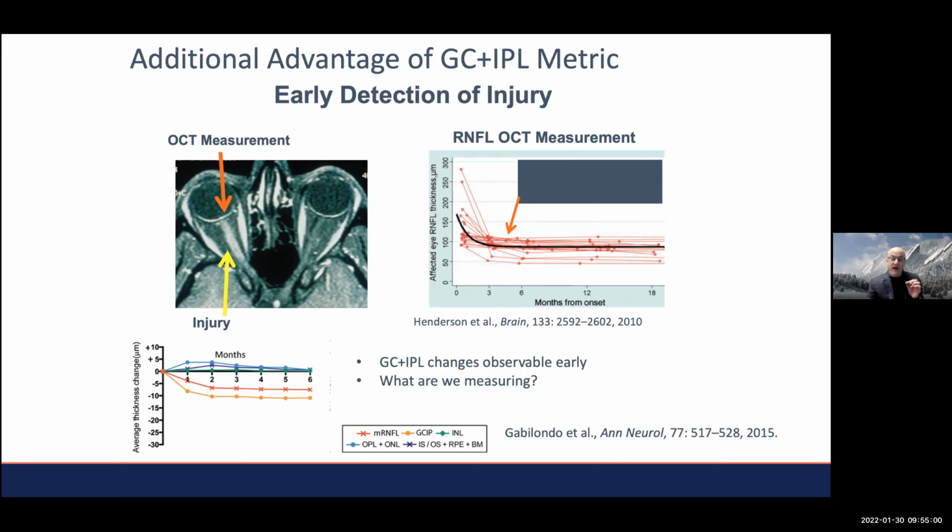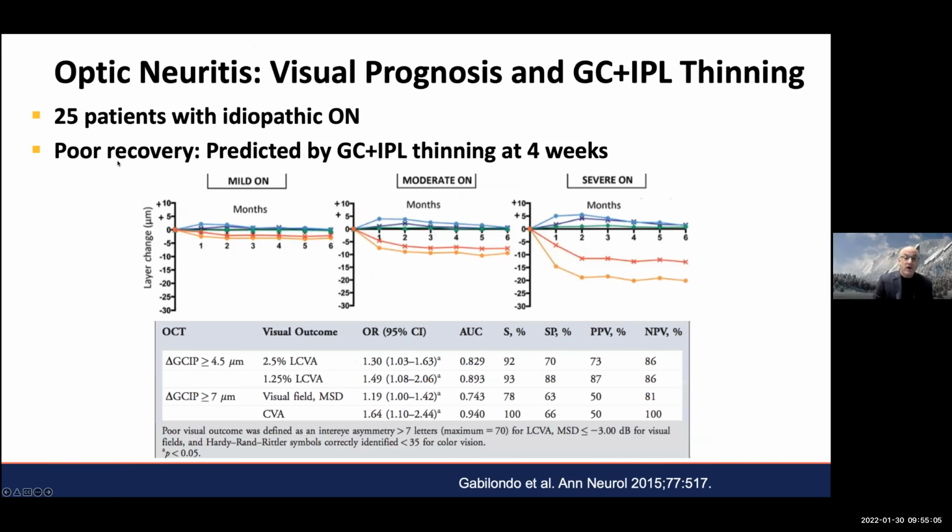When it comes to prognosis of optic neuritis, you've heard about OCT predicting poor visual function. Well, Dr. Villoslada and colleagues noticed that early vision loss and poor recovery can be predicted by ganglion cell inner plexiform thinning at 4 weeks afterwards, with more prominent loss, 4.5 and 7 microns of thinning at 4 weeks, pointing to increased risk for low contrast visual acuity loss, as well as visual field loss and color vision loss.